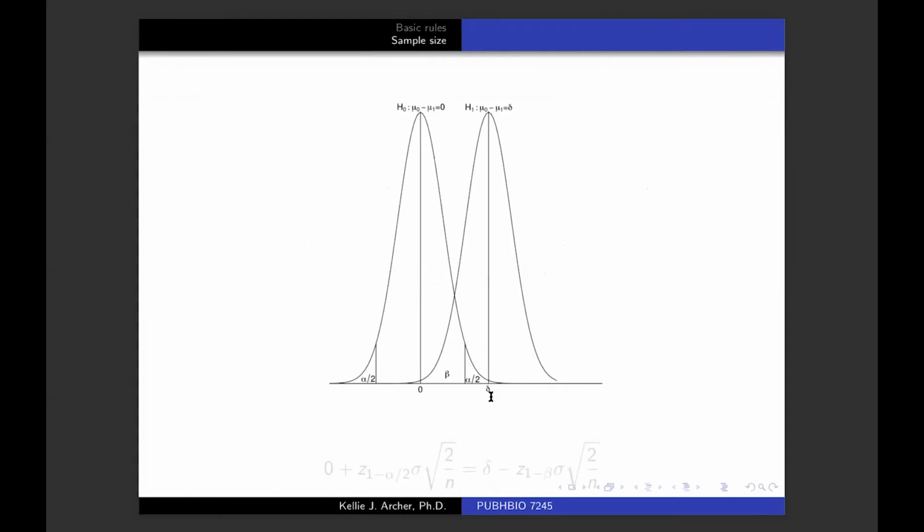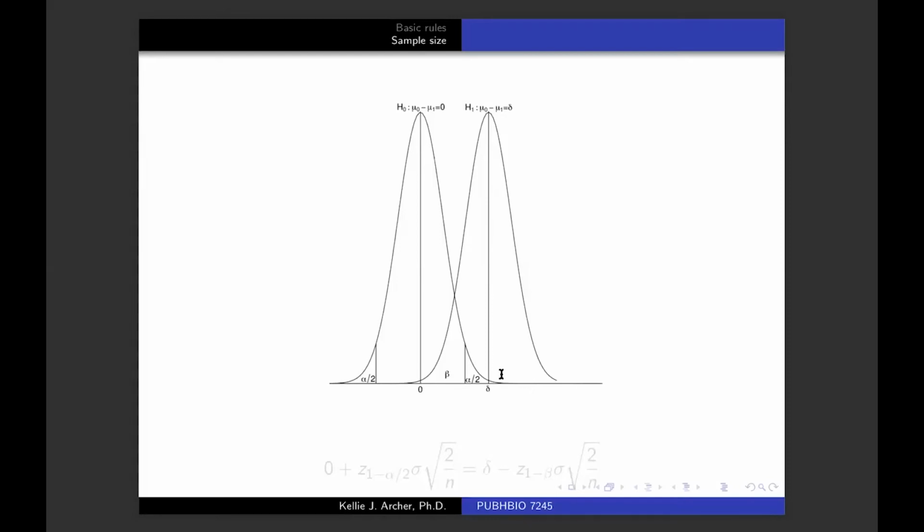We will reject the null hypothesis if our test statistic lies in either tail of the leftmost distribution. As can be seen, the probability of making an error is defined by beta, which is the probability of this left tail region of the rightmost distribution.